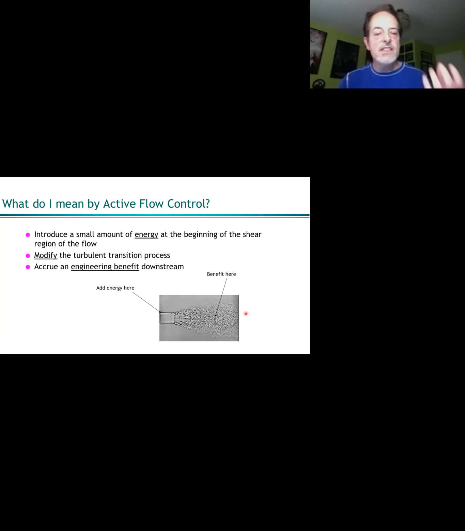The goal is to modify this turbulent transition process, and by so doing to accrue some sort of engineering benefit further downstream, whether that's enhanced mixing, reduced noise, increased noise, some sort of engineering benefit further downstream once you've introduced this active flow control.